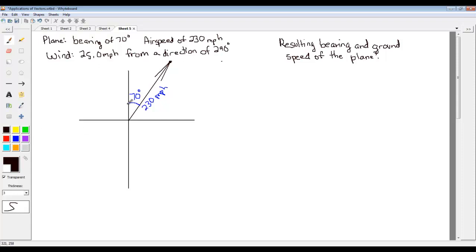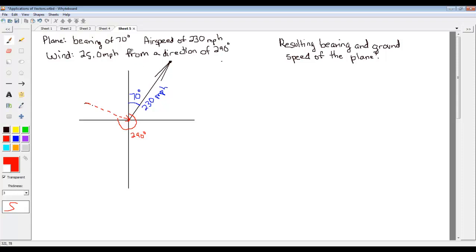Alright, if we look at the wind bearing of 290 degrees, we go around: 90, 180, 270, 290. It's coming from that direction, like this.